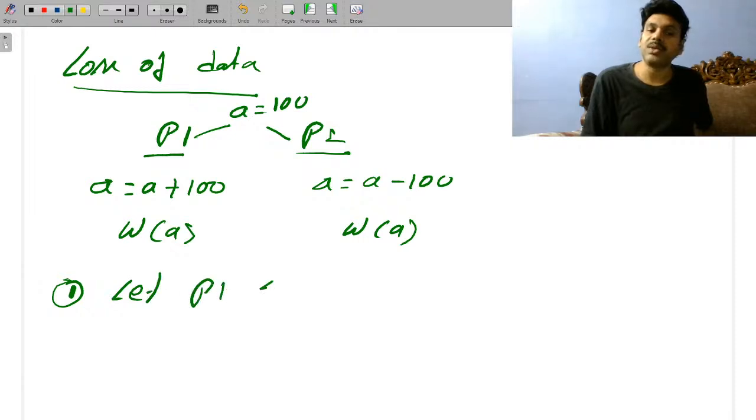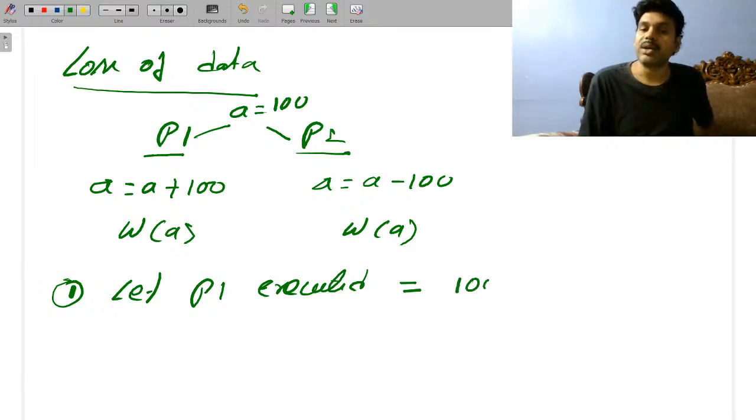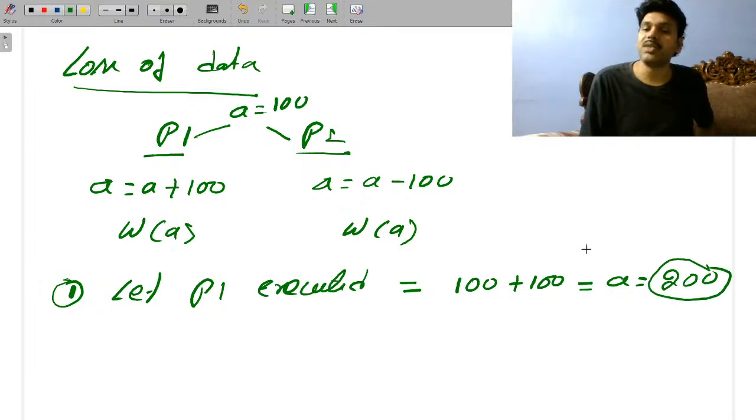Let P1 execute. When P1 gets executed, he sees 100 and makes a plus 100, so A becomes 200. As it is a shared variable, the other one can also see that.